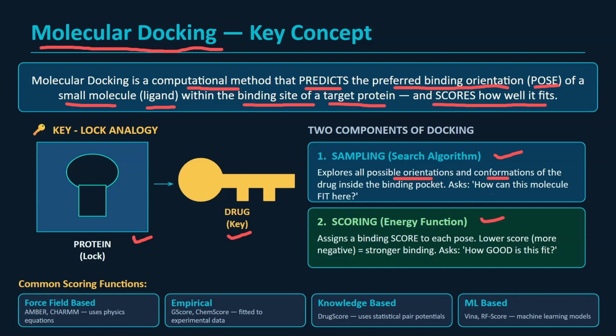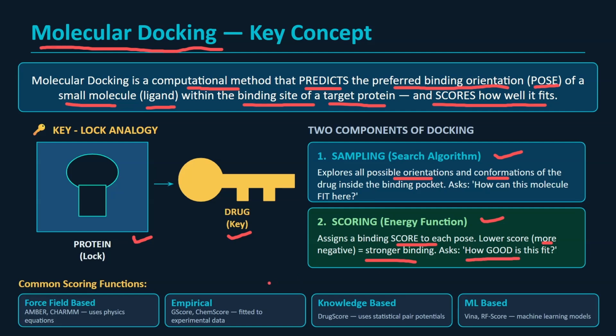The second component is scoring. Once we have different poses, the computer scores each one. A lower score, meaning more negative, indicates stronger binding, whereas a higher score, less negative, means weaker binding. This tells us which pose is good.